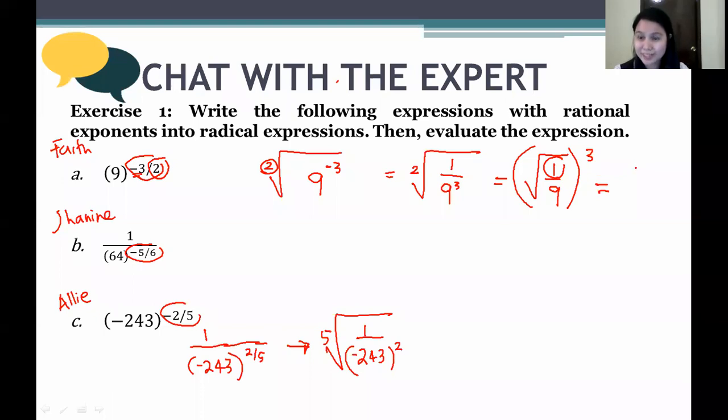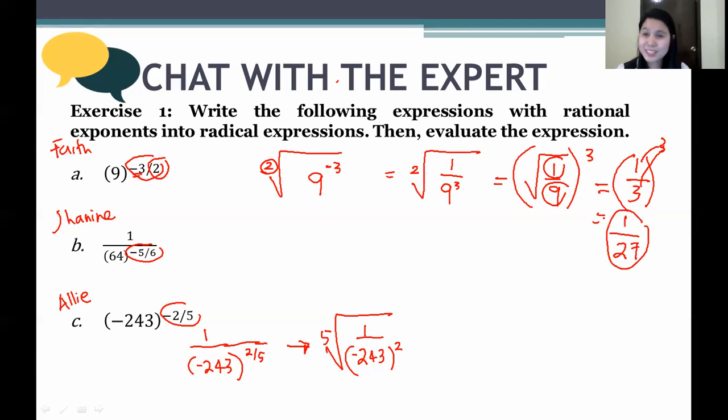It's 1. What's the square root of 9? 3. It's 3. Very good. So 1/3. Now, cube it. 1 cubed is 1. 3 cubed is 27. 3 times 3 times 3. So the answer is 1 over 27. Questions?